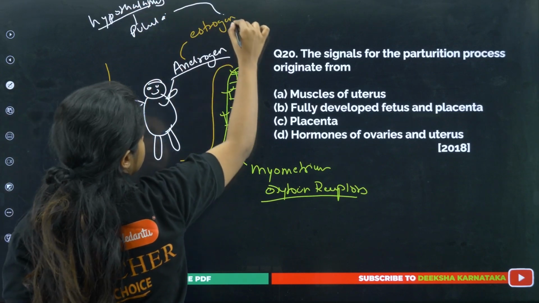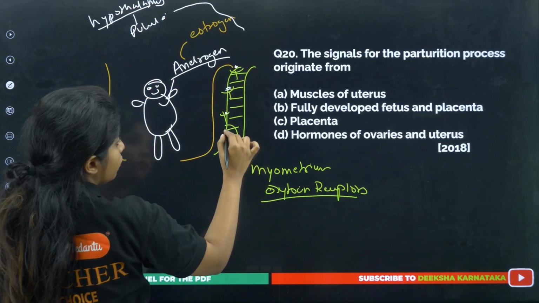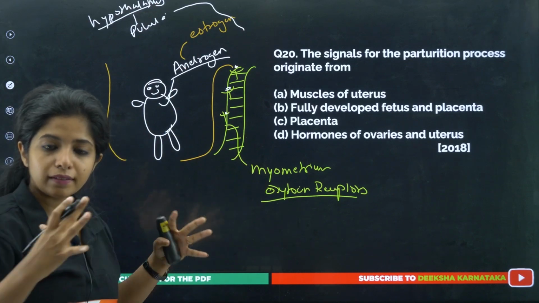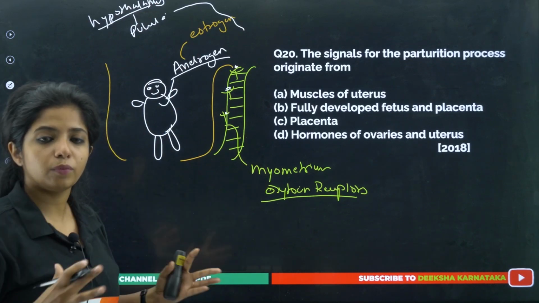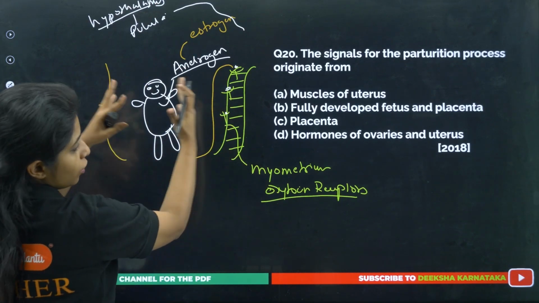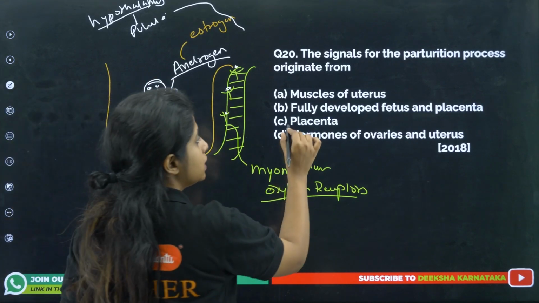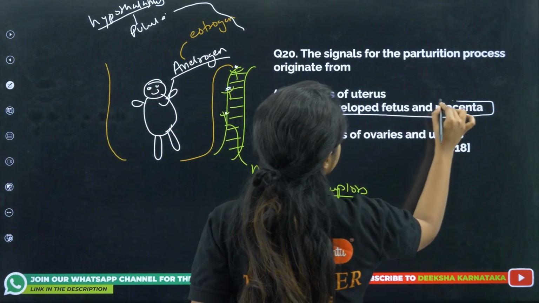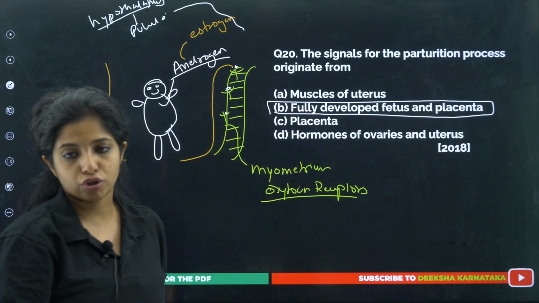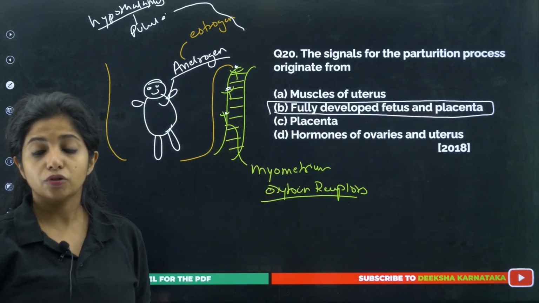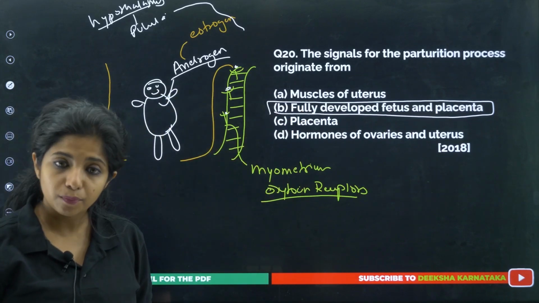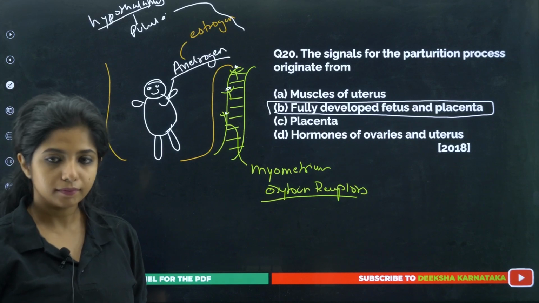Finally, when this oxytocin comes and resides on these receptors, it will lead to contraction, more and more contraction, which is why the baby will be moving out. So this signal for parturition comes from the fully developed fetus as well as the placenta. Okay, this is a 2018 question. It's a very important question as well.